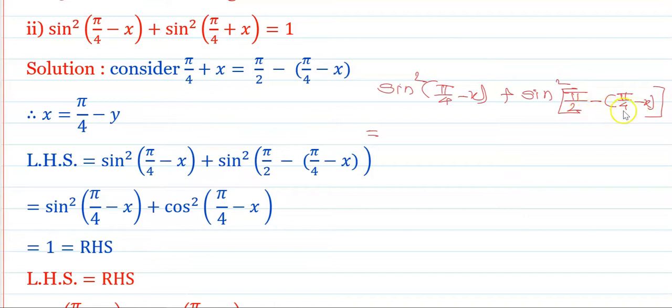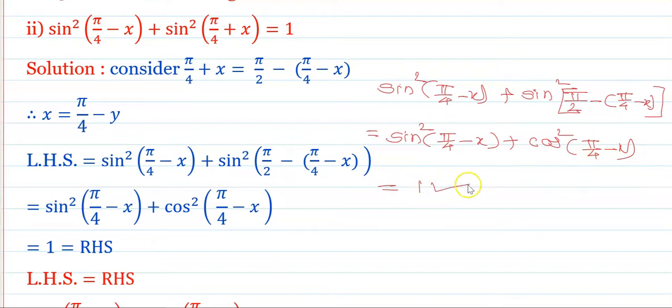A minus minus will become plus, and hence here you will get sine square pi by 4 minus x plus sine of 90 minus theta, that is cos theta, and hence here you will get cos square in bracket pi by 4 minus x. And sine square theta plus cos square theta is equal to 1, and hence the result is proved.